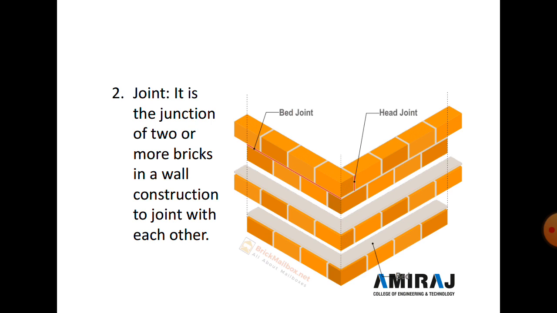The vertical line, shown in red in the figure and marked as the header joint, is where bricks are joined end to end. So the head joint is a vertical joint. And what is a bed joint? The bed joint is a horizontal joint. When one layer of brick is joined with another layer, it is called a bed joint.